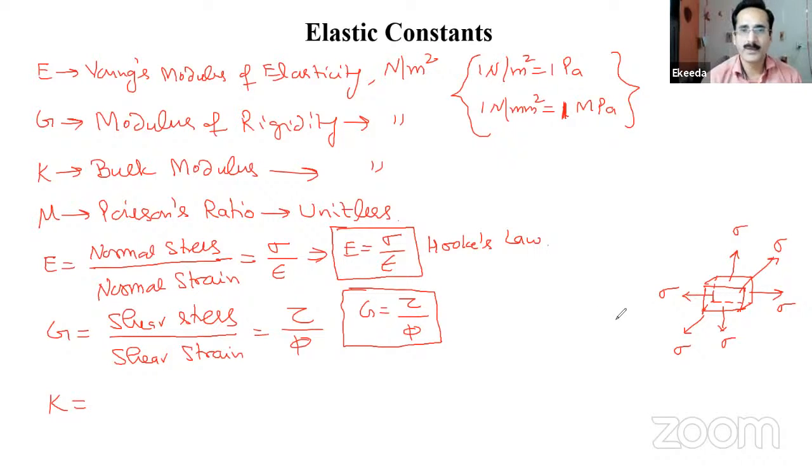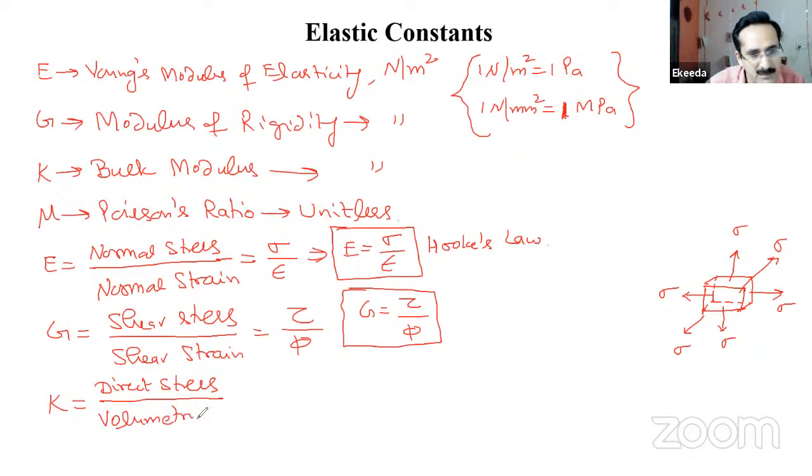There is a change in volume due to these stresses, so we define the bulk modulus for this case, that is direct stress per unit volumetric strain. Basically this tells about the compression or expansion of a body when stresses are applied. So K is sigma by volumetric strain epsilon V. You have to remember this also.